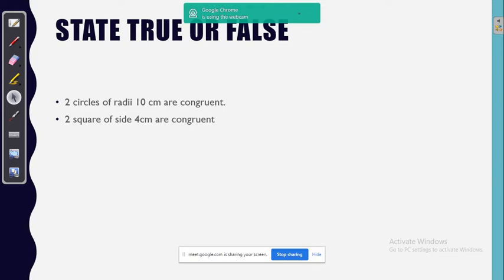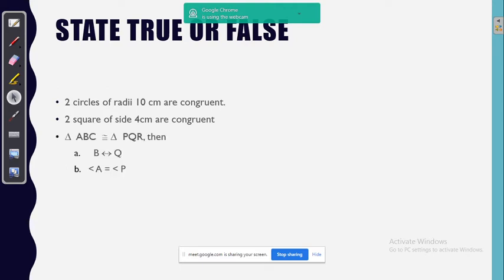I would like to have Swatika to answer this. Ma'am, the measurements of the sides are same. Yeah, so here the sides are 4 centimeters. For squares, we only need to check whether the sides are equal. So here the two squares are having the same measurement. So they are congruent. Yes, good.